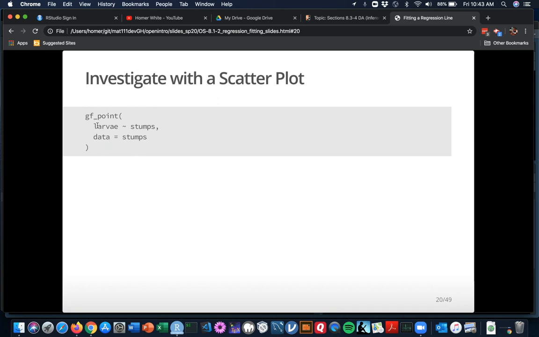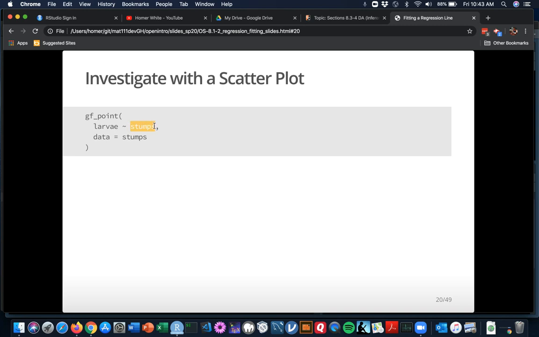So let's go ahead and make a scatter plot, and I'm just going to run this in RStudio to give you an idea. But before I run it, remember our target is a scatter plot, so we say gf_point. I'm going to think of larvae as the response variable, because I'm thinking maybe the number of stumps helps to explain how many larvae might be found there.